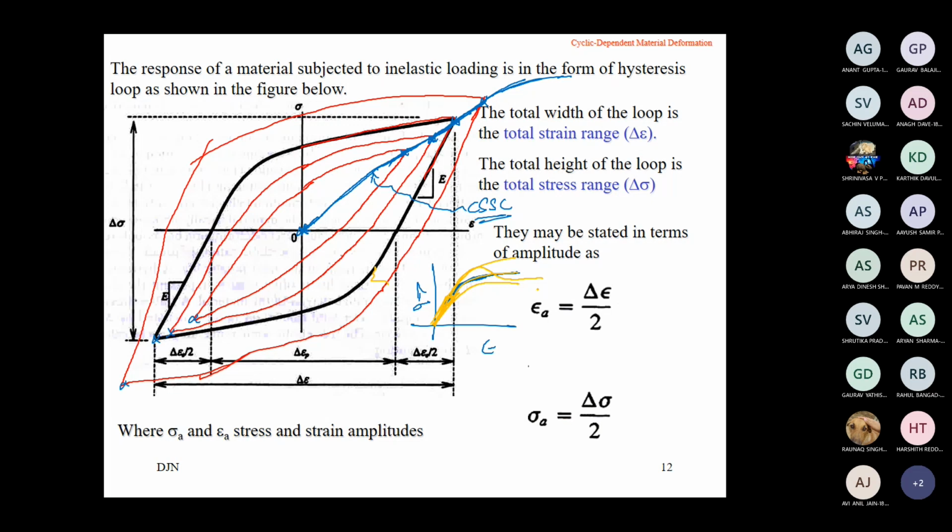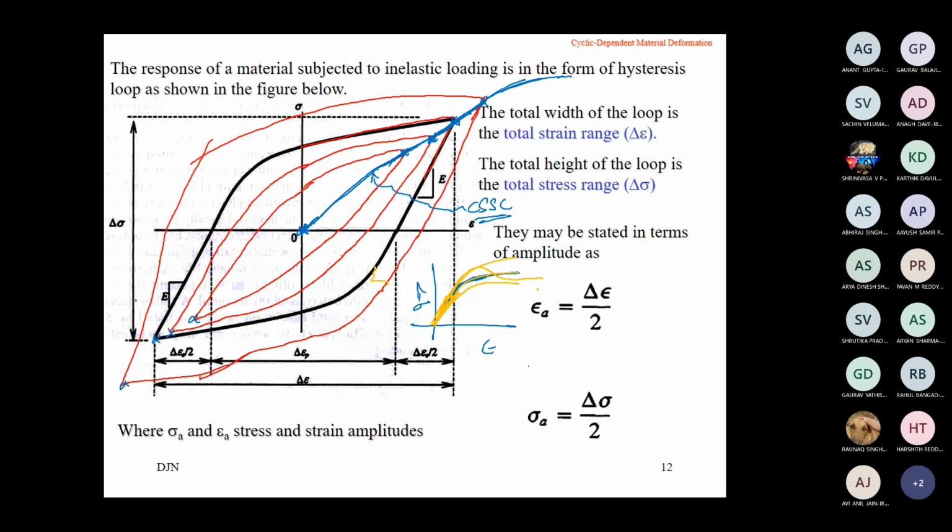When you apply cyclic load, the material is not showing the same stress strain behavior as you obtained for the monotonic case. The stress strain relationship you observe in the monotonic case will not be followed under cyclic loading. That is the outcome of constructing the stress strain relationship for cyclic load.